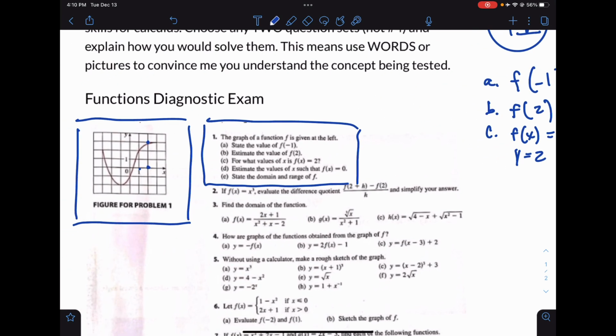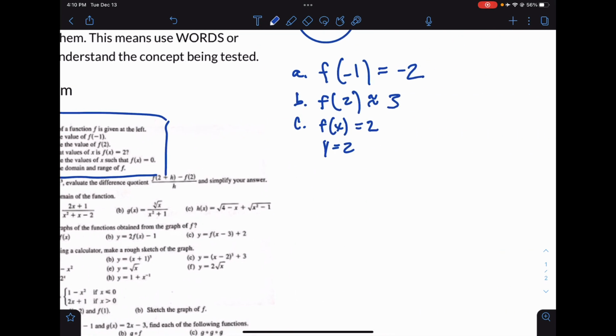And we know that by going up to, and there are two answers. We have x is equal to 1 and x is equal to -3. We're looking at that point and that point. So it'll be x is equal to -3, and x is equal to 1.